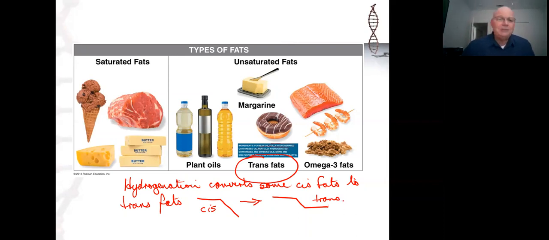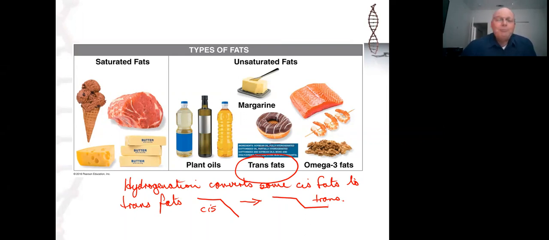Because trans fats are almost always unnatural, they're the product of human processing. There are a few examples of trans fats in nature, but they're very, very limited and you would not encounter them. So if there's trans fat in food, it's because humans have created it as part of the processing, typically by hydrogenation of unsaturated plant fats.